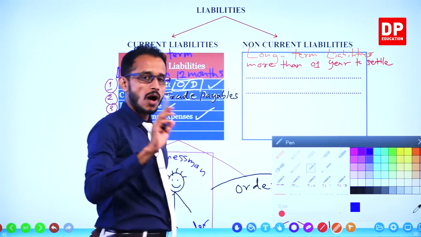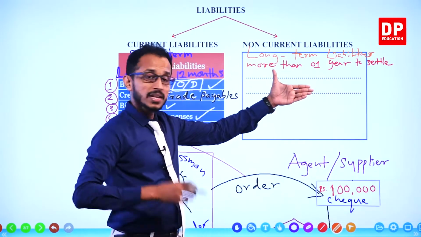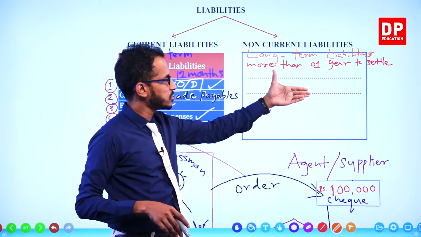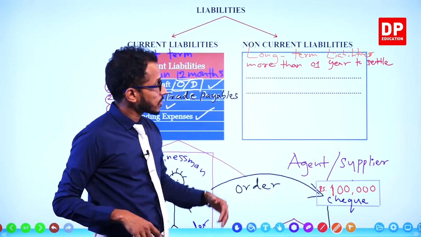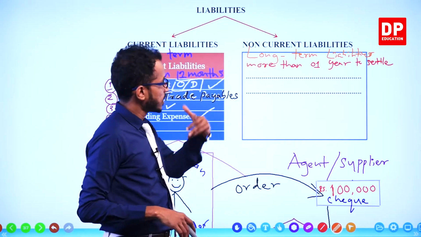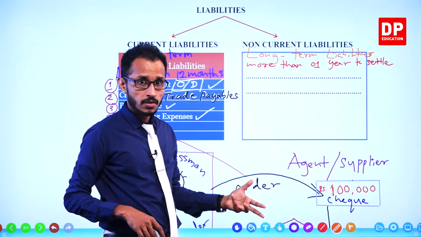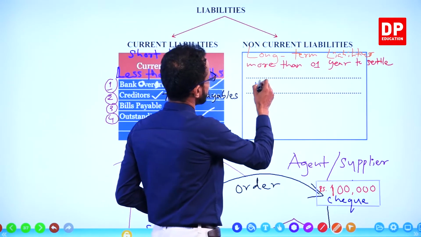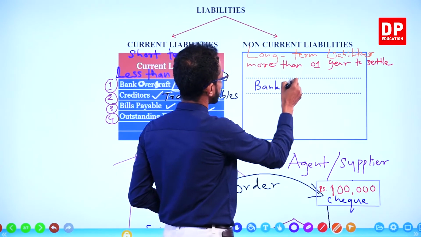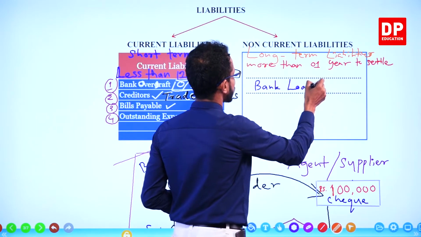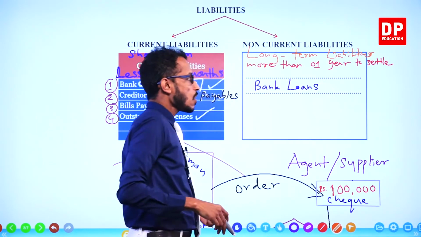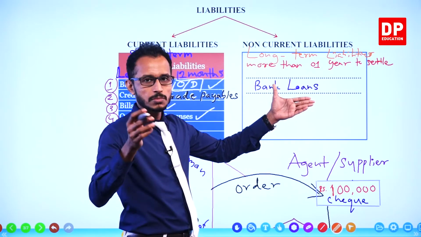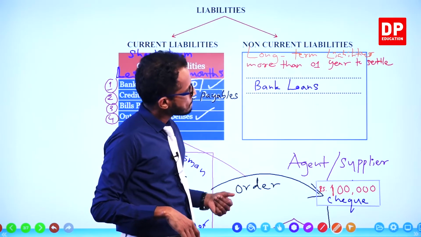We have only one non-current liability in your O-level stage, children. For these long-term liabilities, we have only one: bank loans. Bank loans are the only non-current liabilities that your syllabus has included.